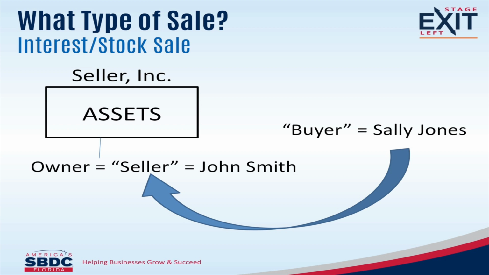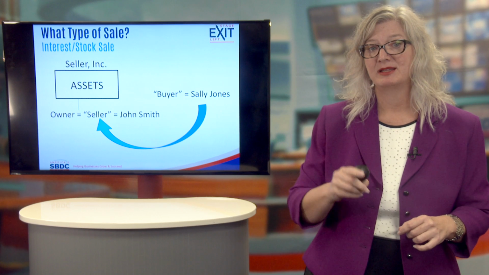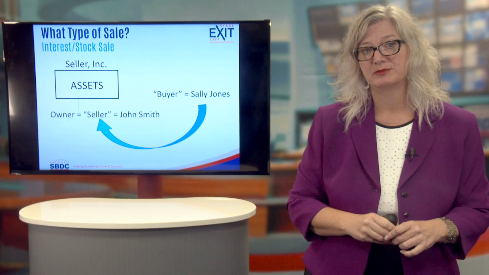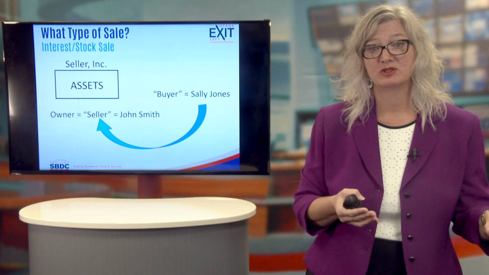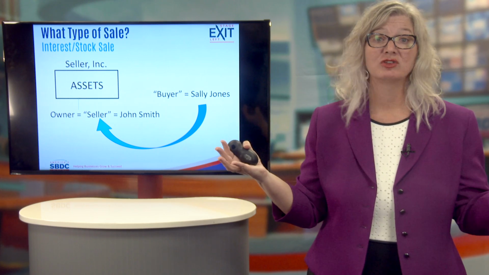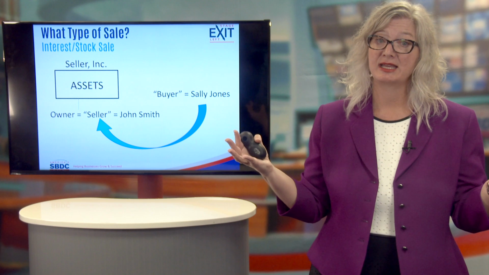Sally Jones comes along and she wants to buy the business. Sally's not going to set up her own corporation or LLC this time. What she's going to do is she's going to buy the stock or the interest from John Smith. And when that happens, Sally Jones now becomes the owner of Seller Inc. She steps into the shoes of John. Seller Inc. never changes. Seller Inc. stays the same.